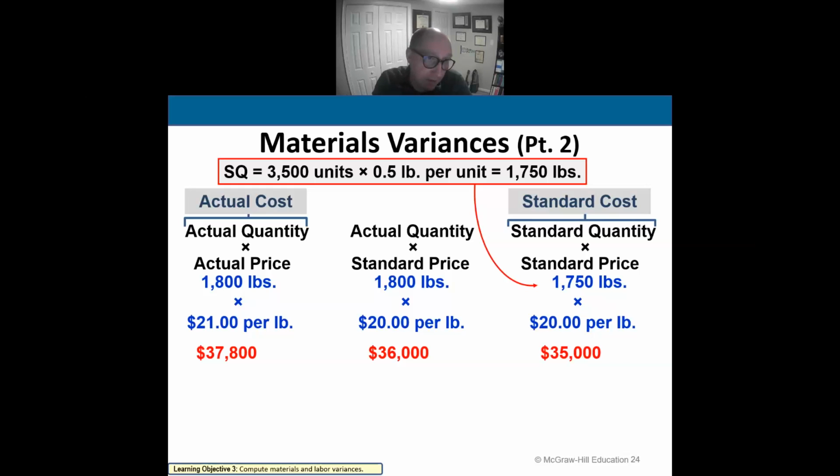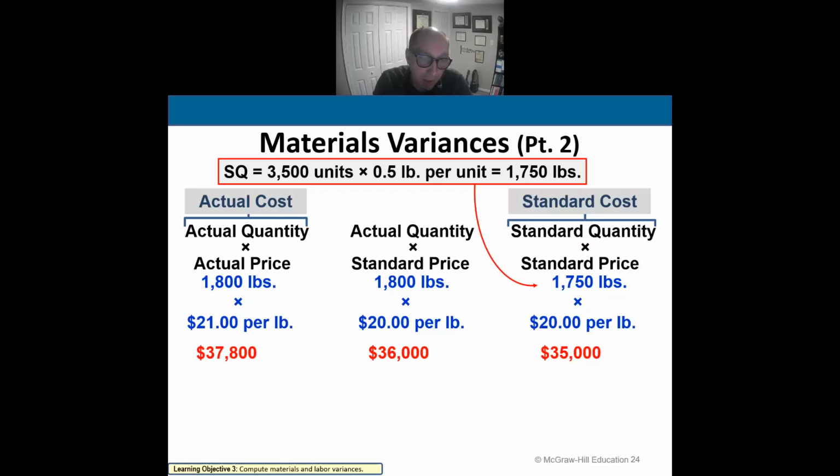I normally make 3,500 golf clubs each year, and each golf club requires half a pound of metal, which means I normally purchase 1,750 pounds per year. And the standard price per pound is $20. That means I normally, standard, pay $35,000 for my materials.